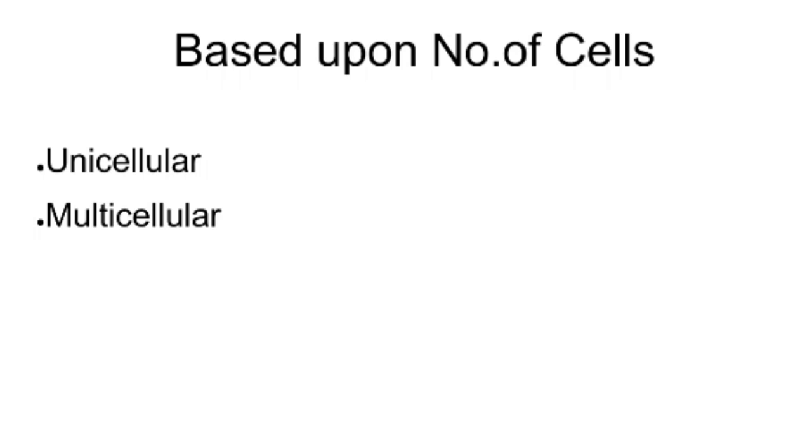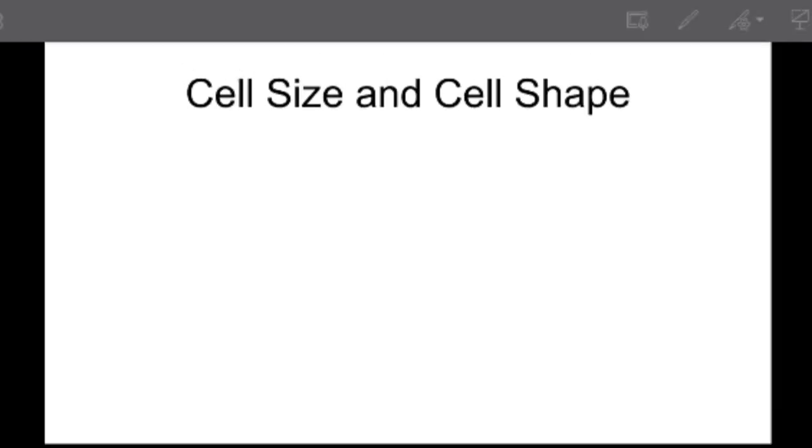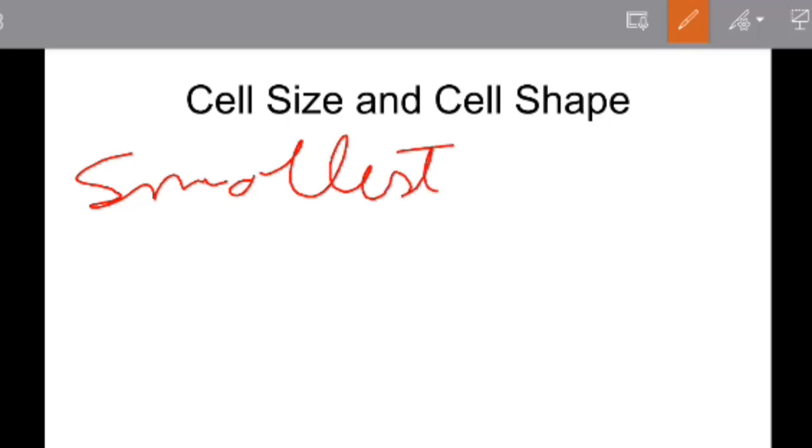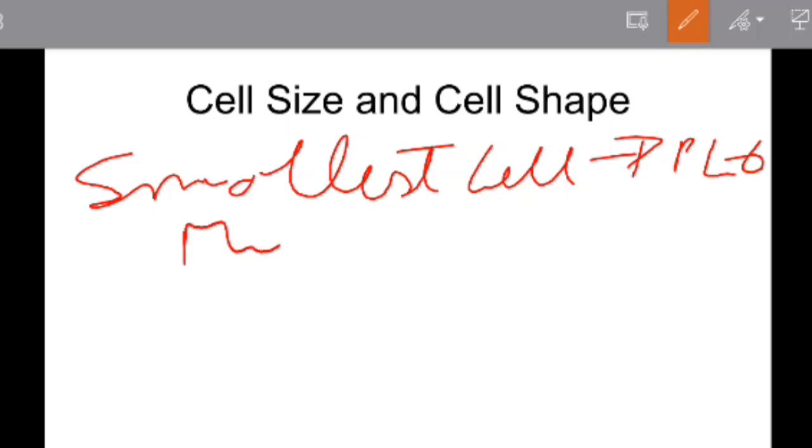Now when we talk about the shape and size of cells, they vary considerably, but all these are ultimately related to their specific functions. When we talk about the smallest cell, which organism has the smallest cell? That is PPLO. The smallest cell is PPLO, or mycoplasma.